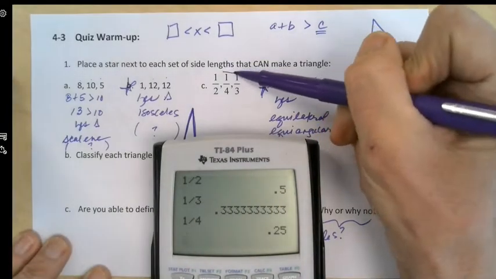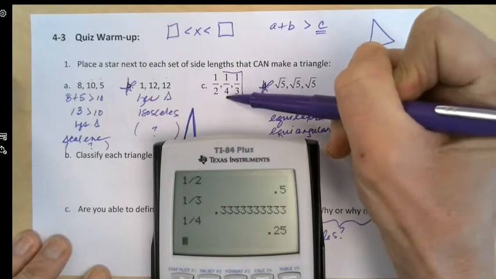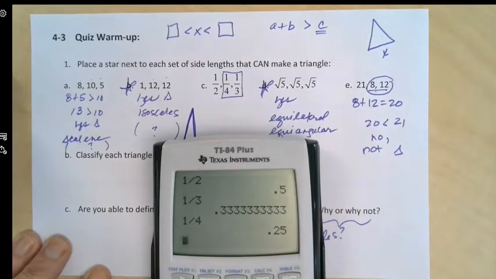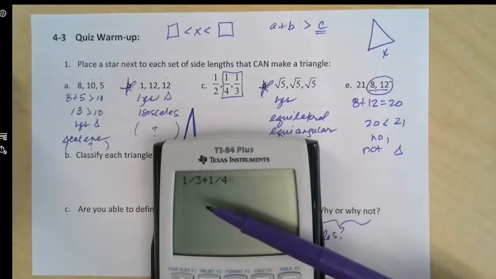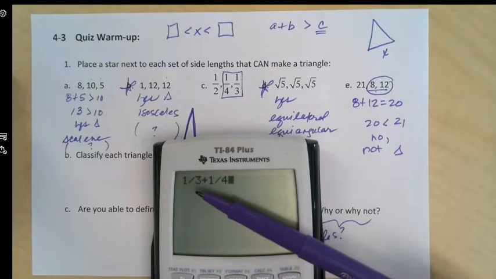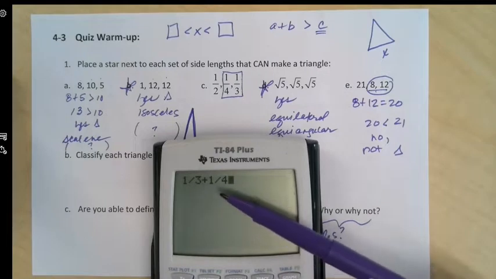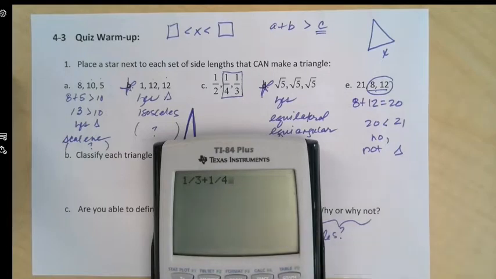But if I need to know which two sides are my smaller two sides, here they are. So that math is going to look like this: 1 divided by 3 plus 1 divided by 4. Guess what? Your calculator knows your order of operations. It is going to divide this fraction first, divide this fraction second, and then add those values together.